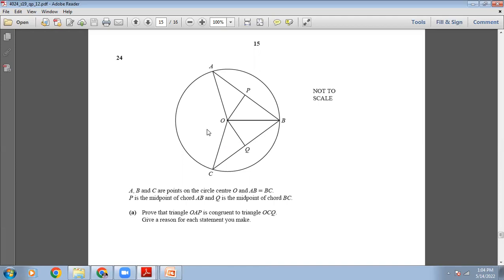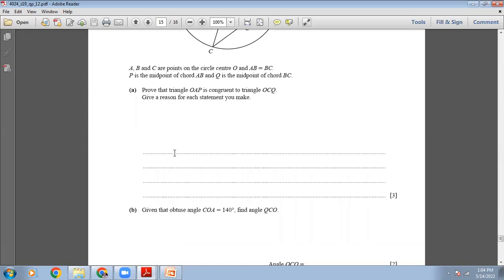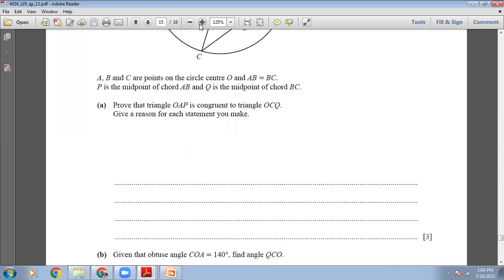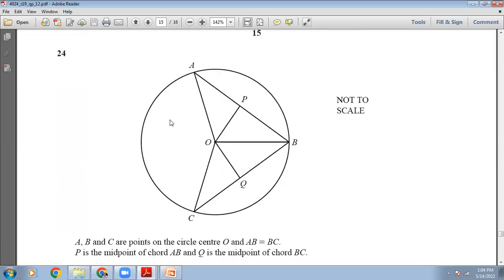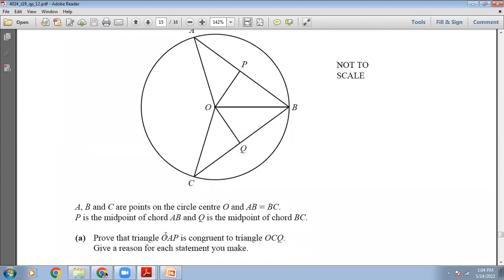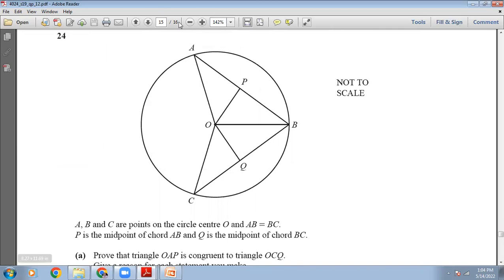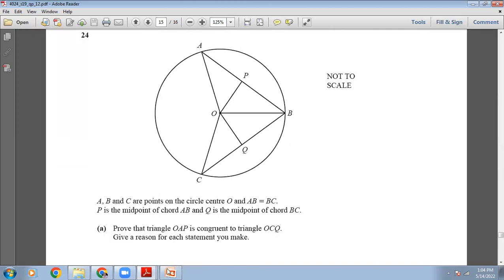Equal chords are at equal distance from the center in the same circle. So by this, we can prove the triangles OAP and OCQ, which they are asking you to prove congruent, are congruent by the SSS postulate, since all three sides are equal.